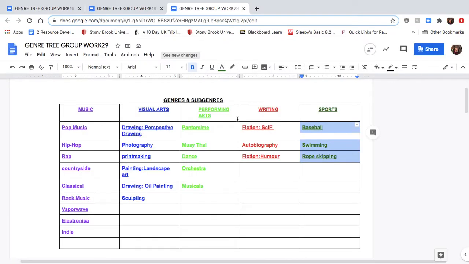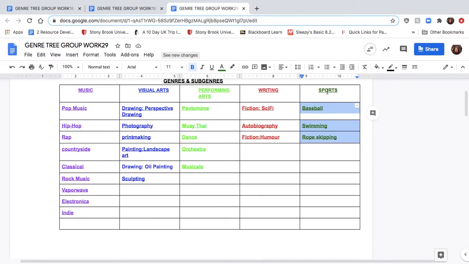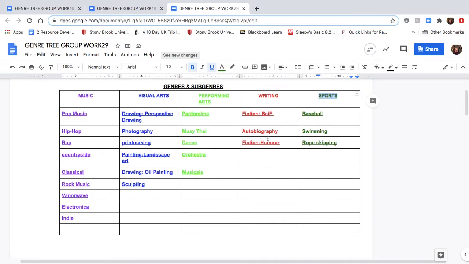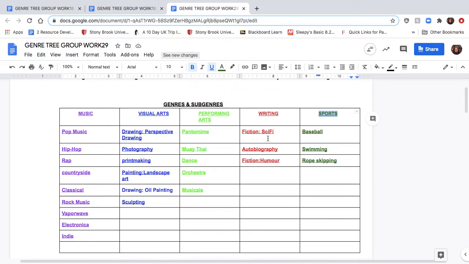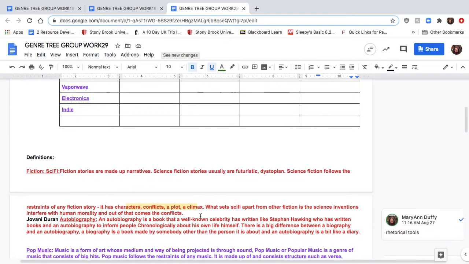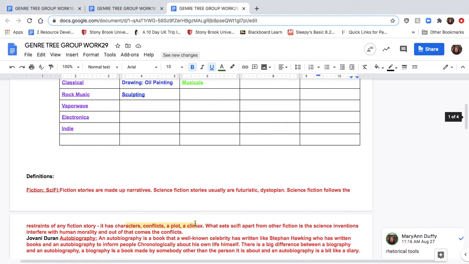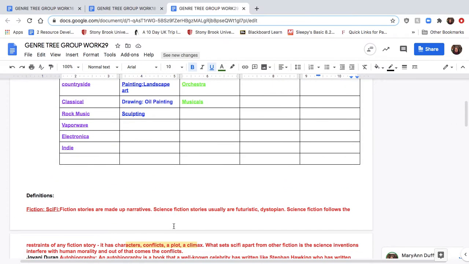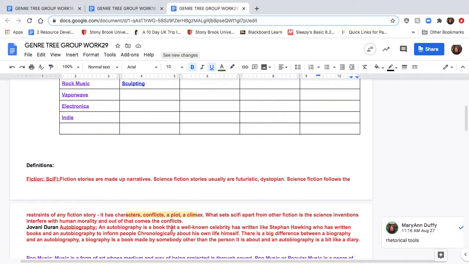I want to skip to my section 2.9 and notice that somebody added sports as one of the subgenres. And this is really interesting because even though sports are sort of performance, I don't think we usually consider them as an art form, something that requires rhetorical tools, tools used to persuade the viewer.